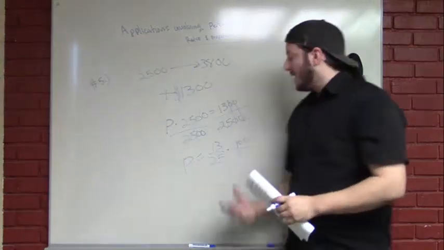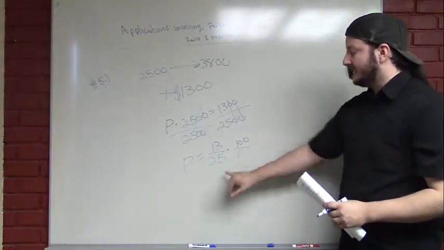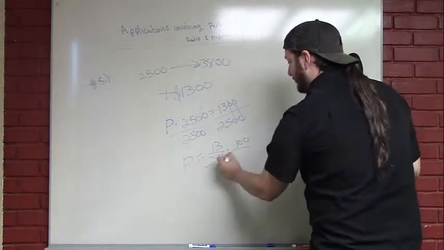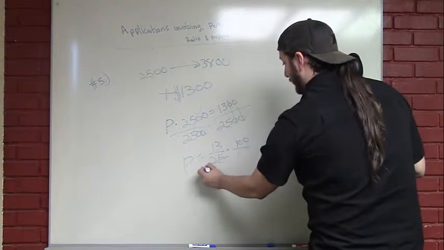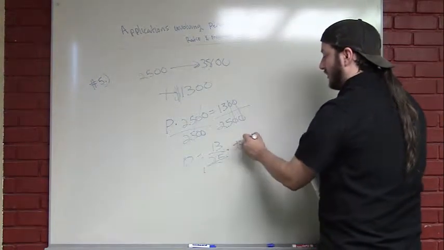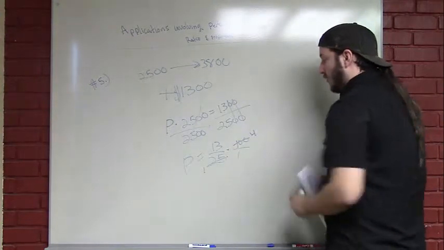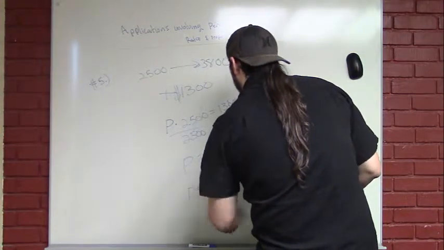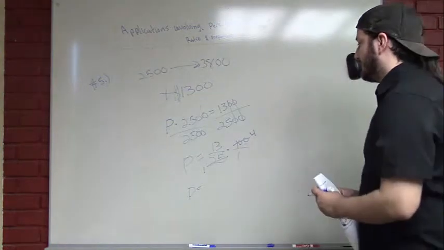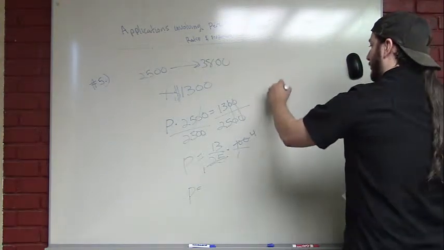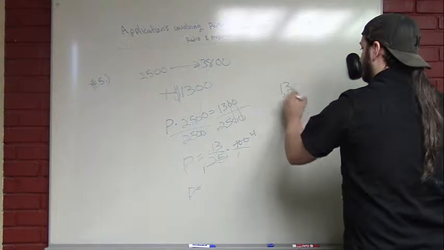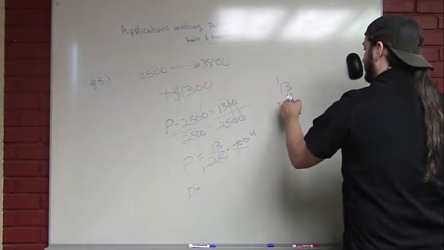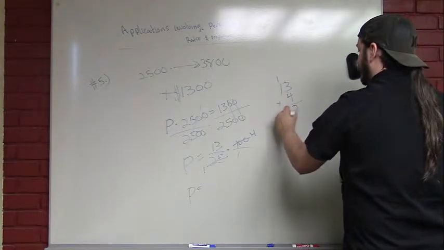You can do that, but in this case, it just seems easier, because 25 and 100 reduce very nicely for us, because 25 goes into 25 once, and 25 goes into 100 4 times. So your percent is going to equal 13 times 4. 3 times 4 is 12. 1 times 4 is 4, plus that is 52.